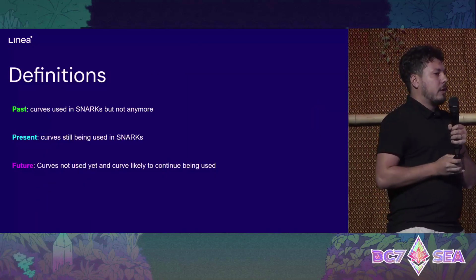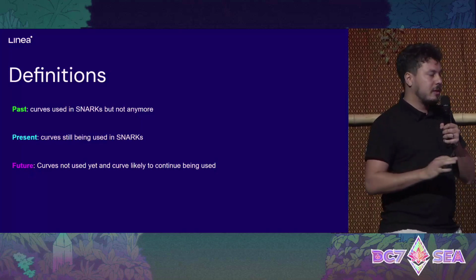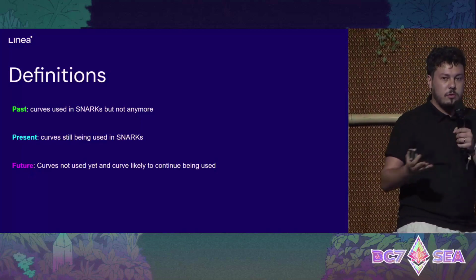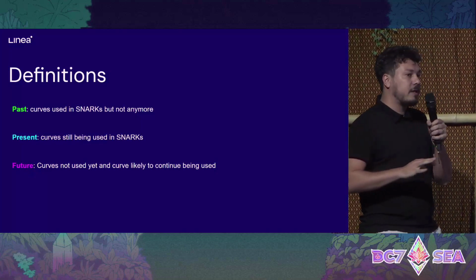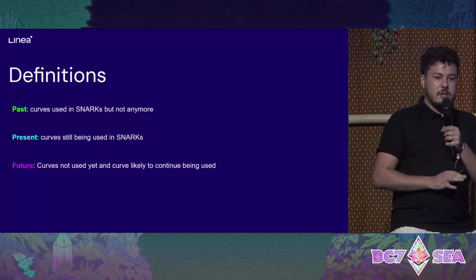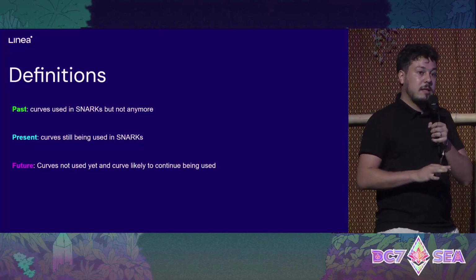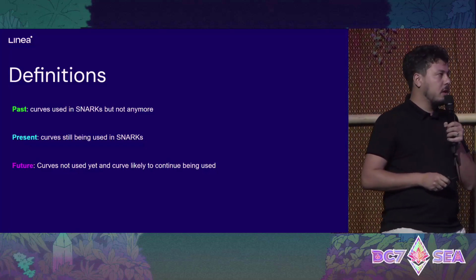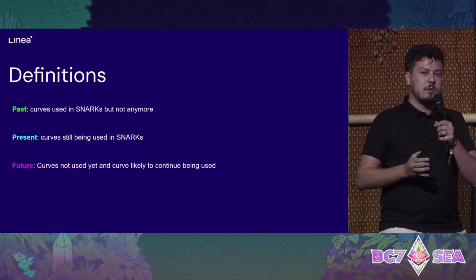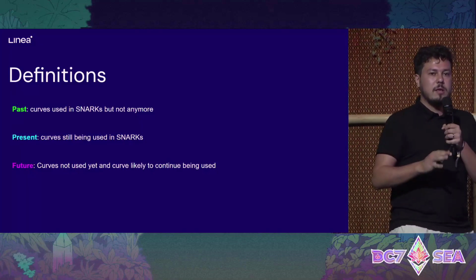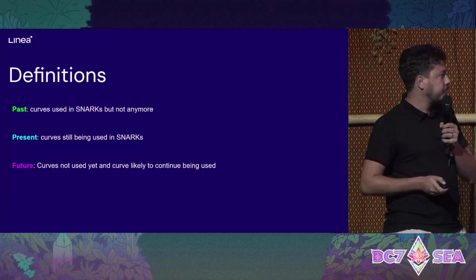So what I want to start with is some definitions of what is past, present, and future, right? So past are curves that have been used in SNARKs, but not anymore. Present, curves that are still being used in SNARKs today. And future is curves that already exist in the wild, but are not used in SNARKs just yet.